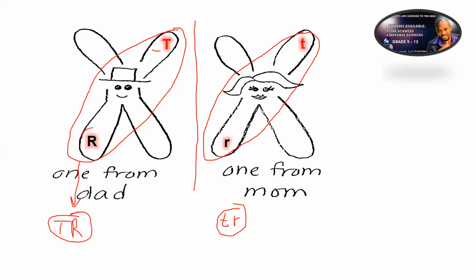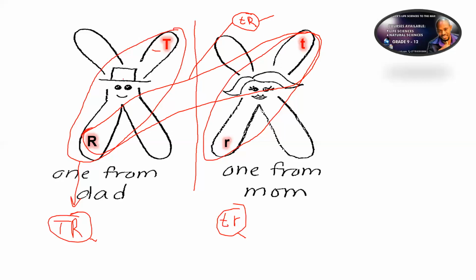What if I can go and meet this other one from this other chromosome? I will form a different gamete, which will be T, R. That is my gamete. Now we have three gametes. 1, 2, 3.